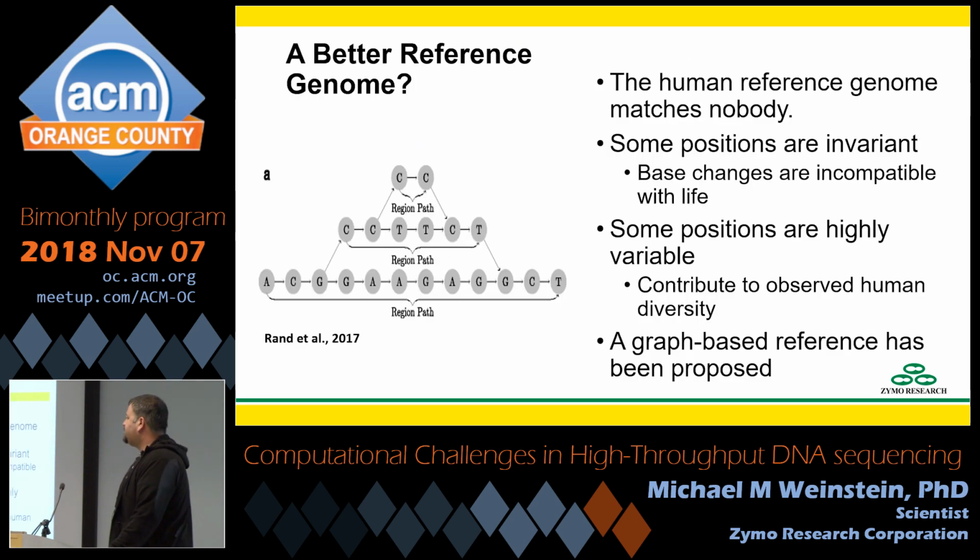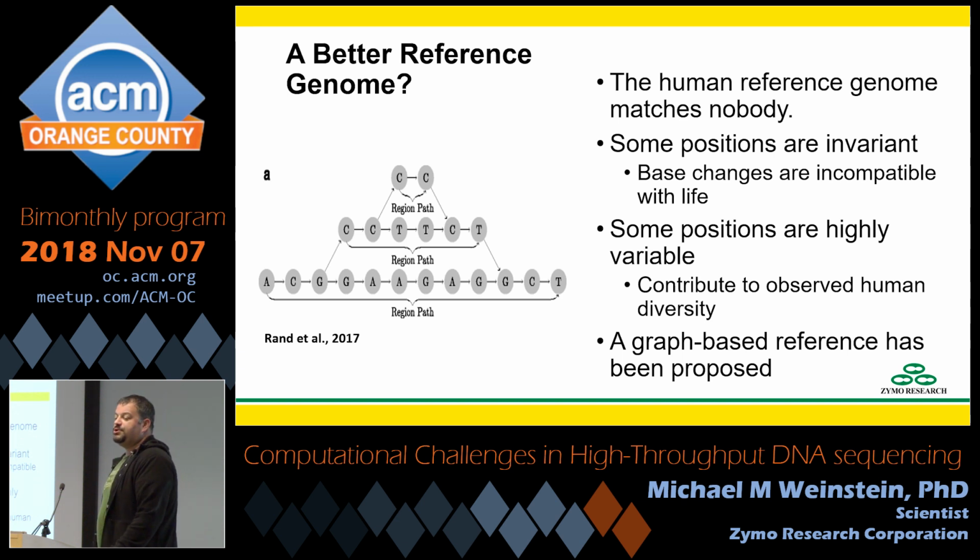So there are a couple of problems with this format. We know that the human reference genome, and all other reference genomes generally, don't match anybody. There is not a single human walking around on the planet Earth who has the human reference genome sequence in them, because it's only a reference. It's a general idea of what the human genome should look like.